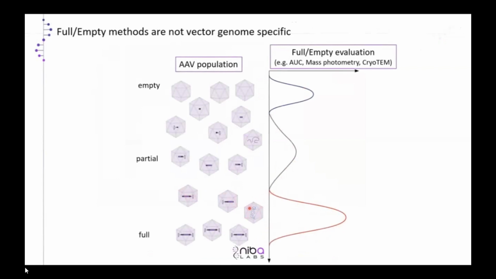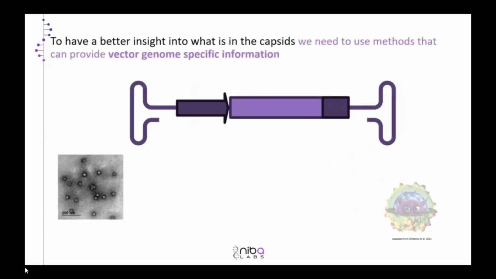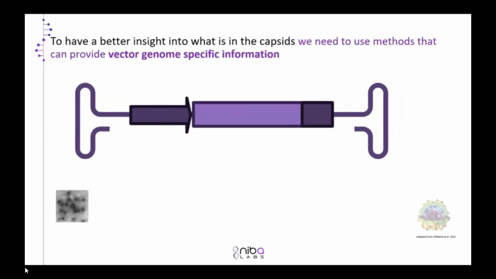And also, since these methods are unspecific, you can quantify full particles also if they are full with some other things than the intended construct. So to actually have a better insight into what is in the capsid, so that we don't find some surprises hiding there, we need to use methods that can provide vector genome specific information.